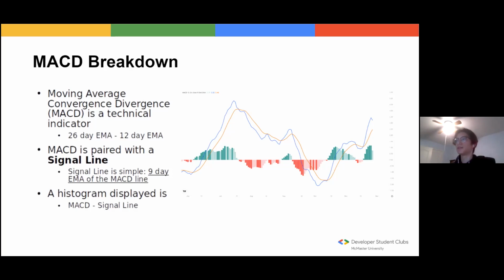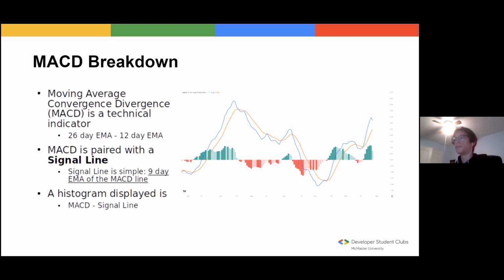The most important factor when looking at these two lines is when the MACD line, which is the blue line, crosses the orange signal line. The MACD line can either cross the signal line from below or above, and by using the histogram, it's clear to see which type of cross is happening. When the histogram goes from positive to negative, then the MACD line has crossed the signal line from above.